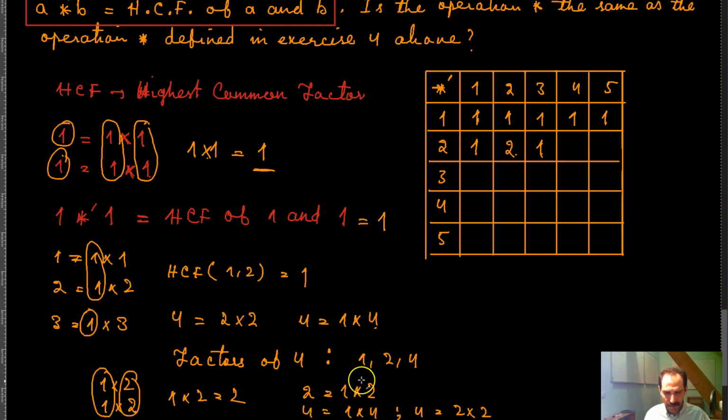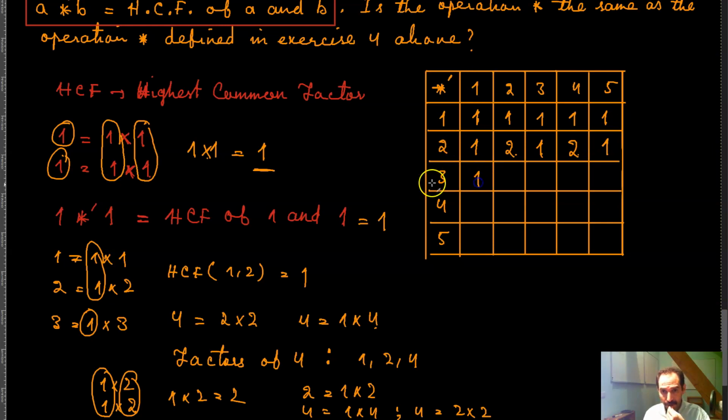If I take 2 and multiply it with 1, I get a 2 over here. And 2 and 5, then again you will get 1, because that's the highest common factor of 2 and 5, because they are prime numbers.